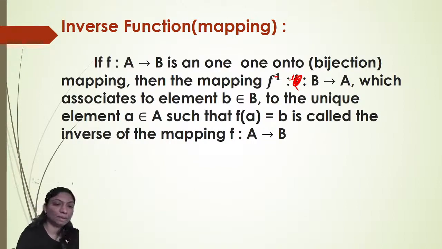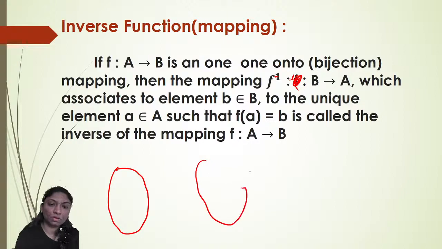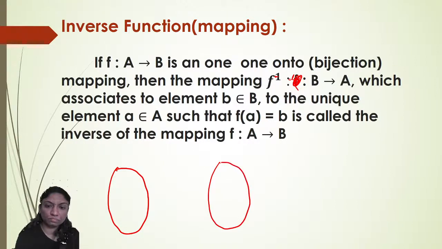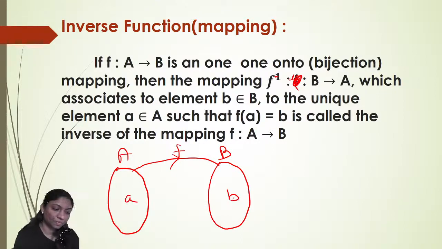Now we'll see the mapping diagrammatically. Suppose this is your A and this is your B. F is a mapping from A to B, right? Here is element a, and here is b.